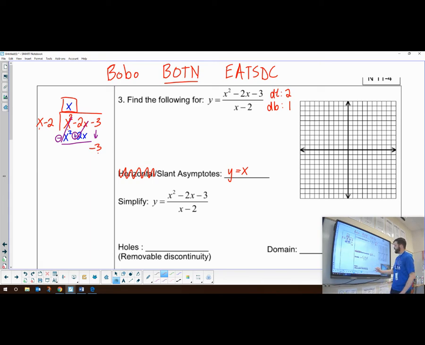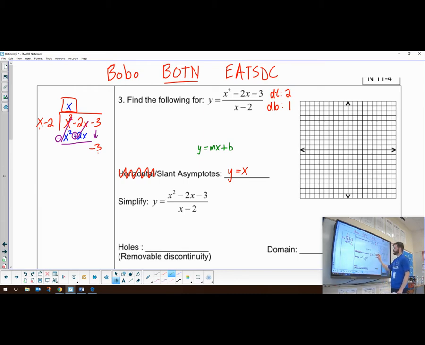So let's go ahead and graph that slant asymptote on here. We kind of have to remember how to graph linear equations. So remember, linear equations come in the form of y equals mx plus b, where b is our up and down movement, so our y-intercept, and m tells me how much we go up and over. Now this doesn't really have a whole lot going on.